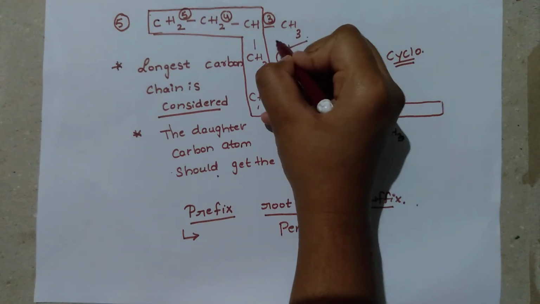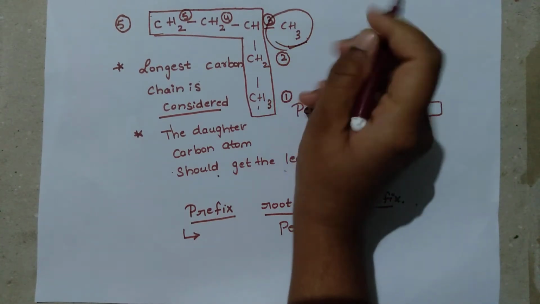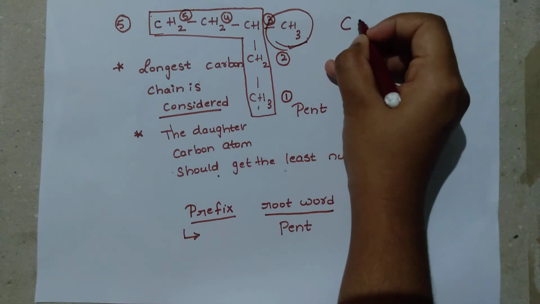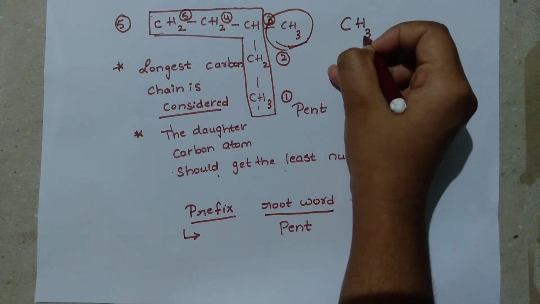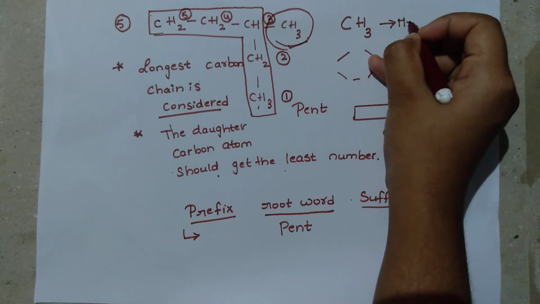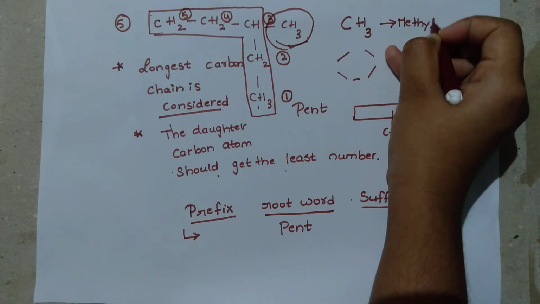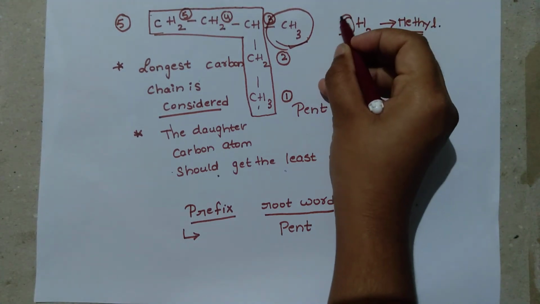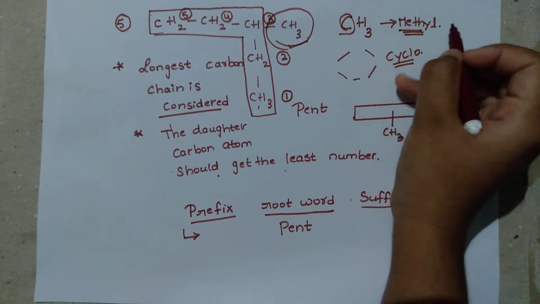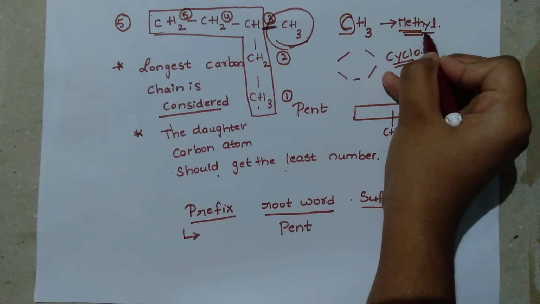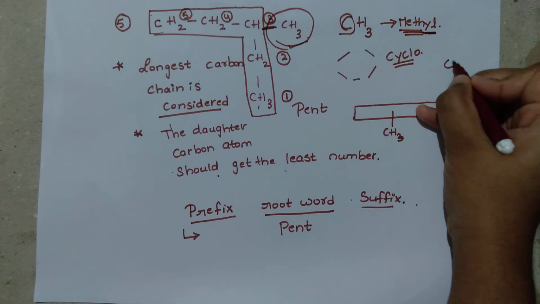First of all, we should choose the substituent. We have already learned that CH3 is nothing but methyl. In our earlier classes, we learned there is only one carbon, so it is meth, and it is a substituent attached, so we need to put yl.